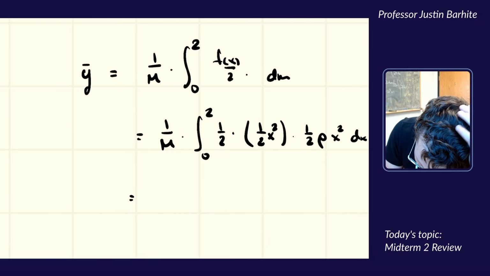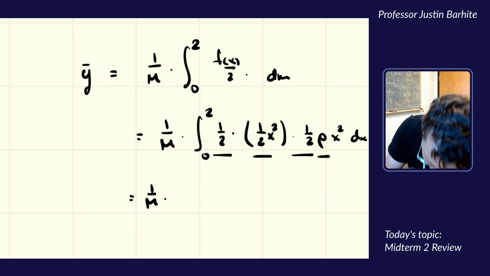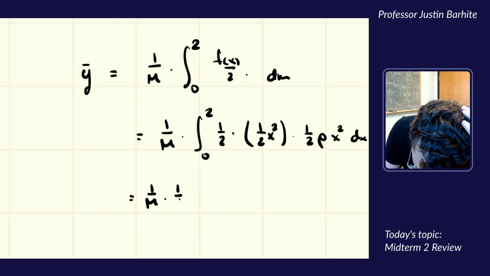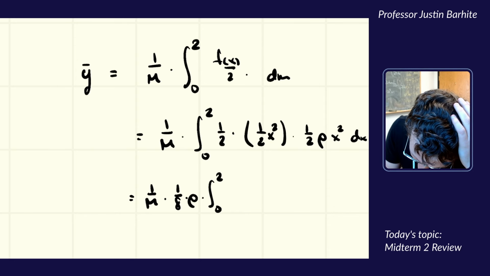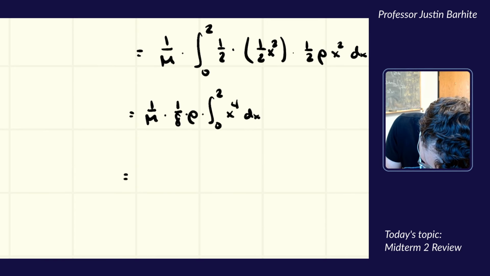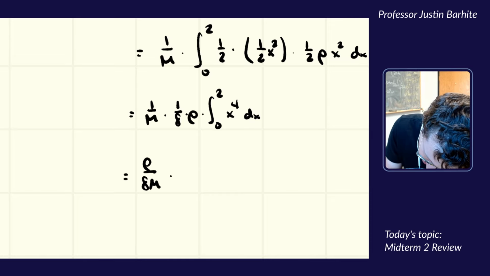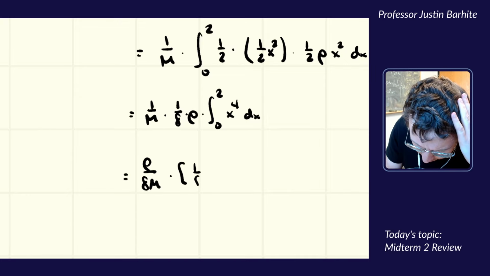Okay, if I pull all the constants out, I think I'm going to get, see, I have 1/2, 1/2, 1/2 in a row. So that's 1/8 times rho. And I'm integrating x to the 4th this time. So I'll get 1/5 x to the 5th.